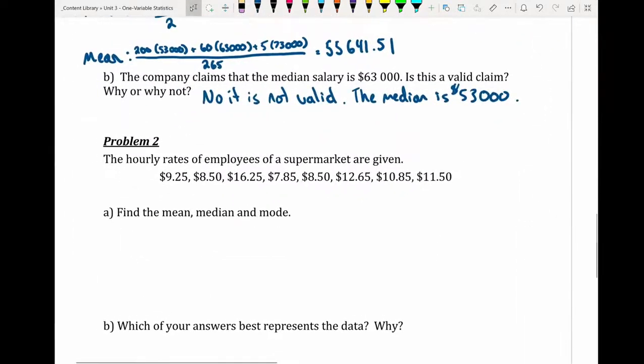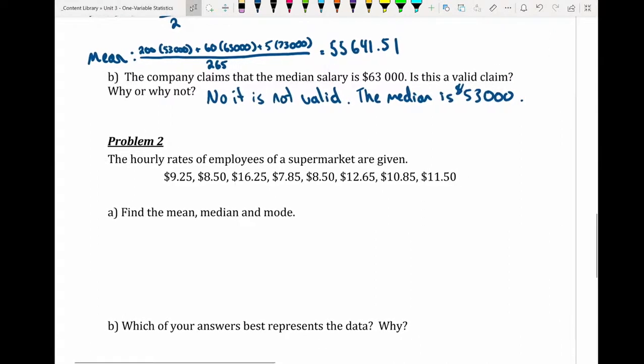Problem number 2, the hourly rates of employees of a supermarket are given. And we've laid them out here. I'm not going to go through and read them. But the first part is find the mean, median, and mode. So the mean I can do by adding up all my numbers.